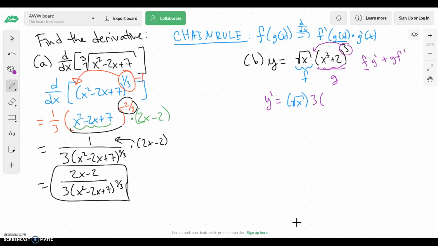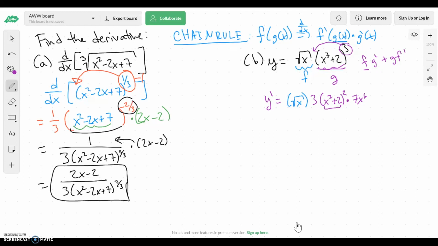I'm going to leave the inside by itself, plus 2, subtract 1 from 3, so this is going to be the power of 2, and then I'm going to multiply by the derivative of the inside, and the derivative of the inside is going to be 7x to the power of 6 plus 0. Okay, so notice that this is a product rule plus a chain rule at the same time.